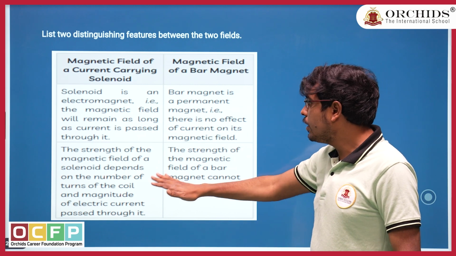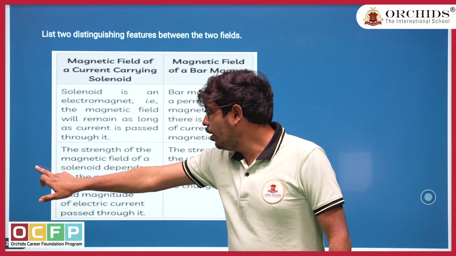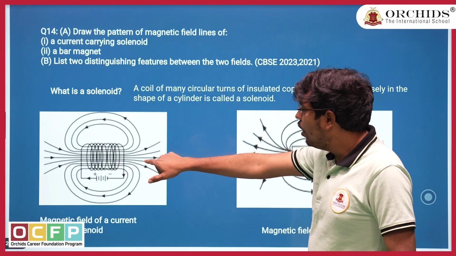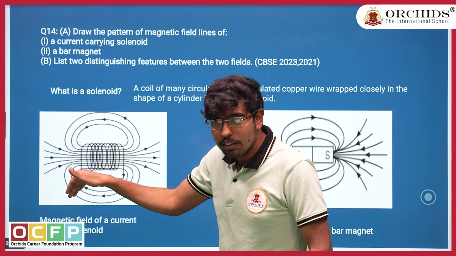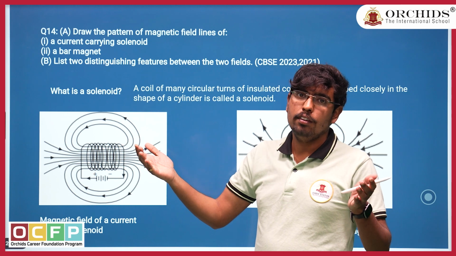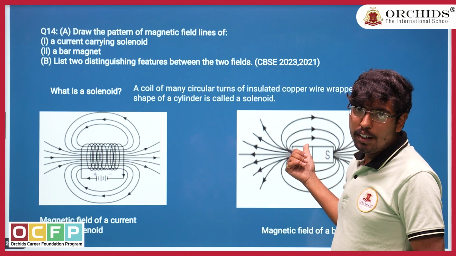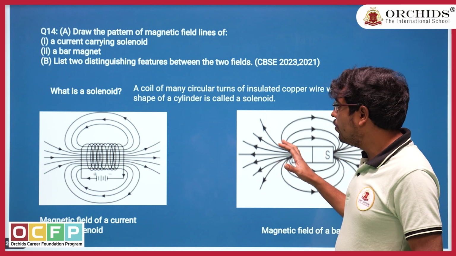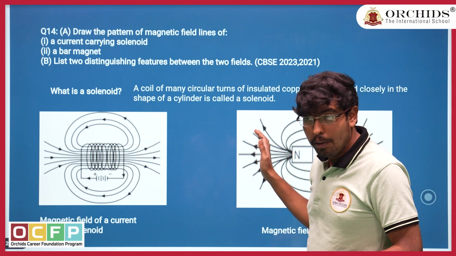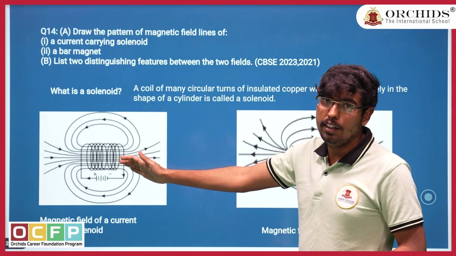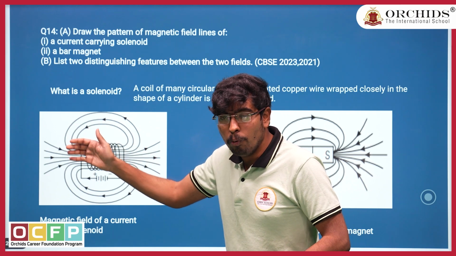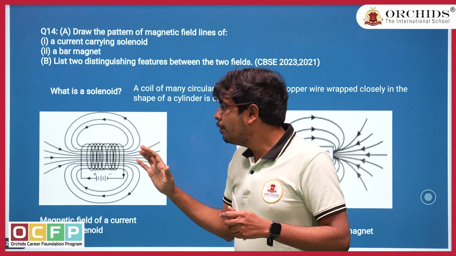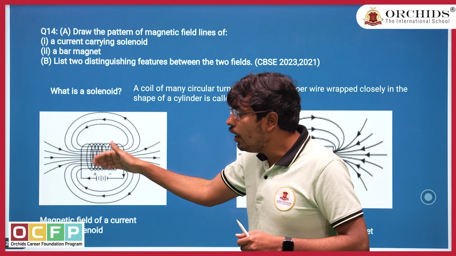Now coming to the next one, the strength of the solenoid. For a solenoid, the more current you pass, the more magnetic field will be generated. But are we passing any current in a bar magnet? No, we are not passing any current there. So for the solenoid, the strength depends on the intensity of the current: more number of turns, more field; more current, more magnetic field; and one more, the material which you are taking.